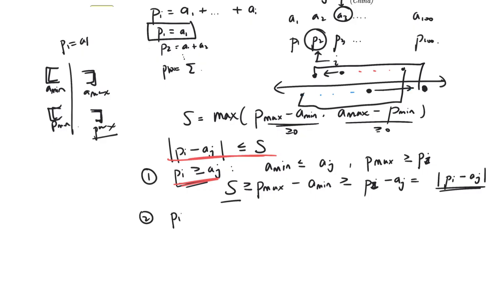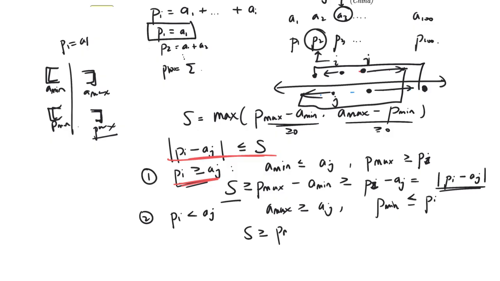Then case two is when PI is less than AJ. And in this case, we have I here and J here, and I just need to shift this to the left and this to the right. So I know that A max is greater or equal to AJ, and P min is less than or equal to PI. And I can repeat the exact same argument that A max minus P min is greater or equal to the absolute value of PI minus AJ, right?